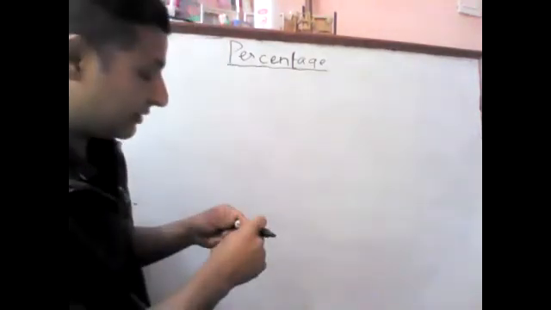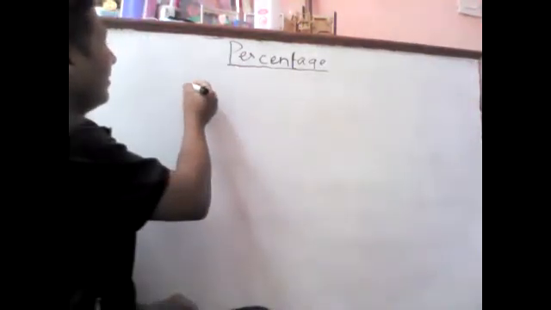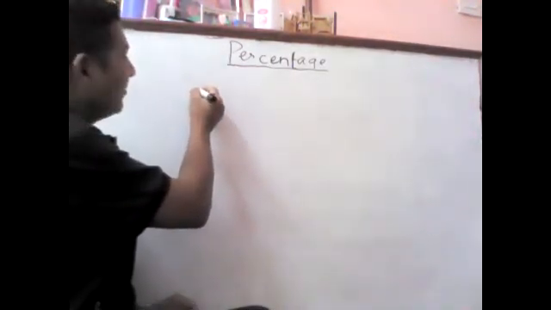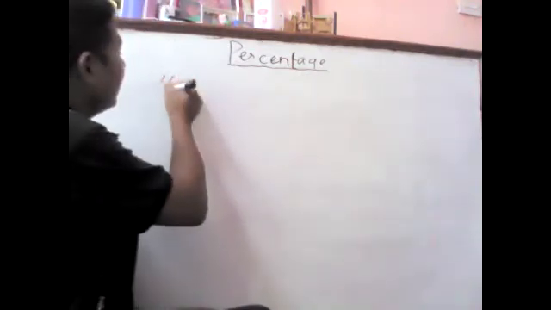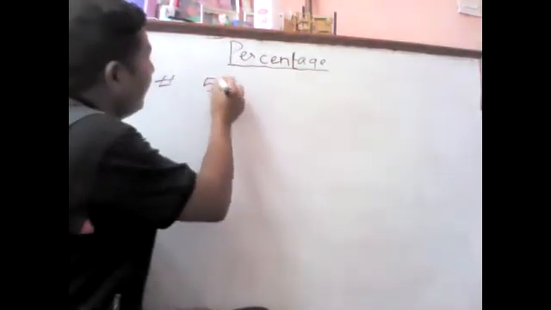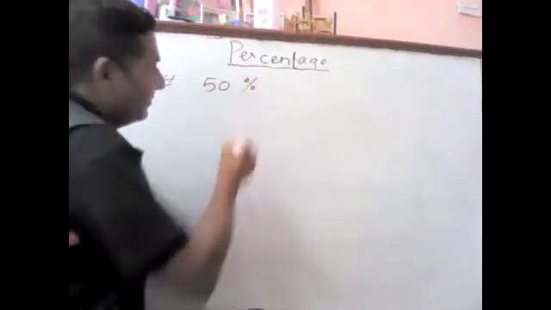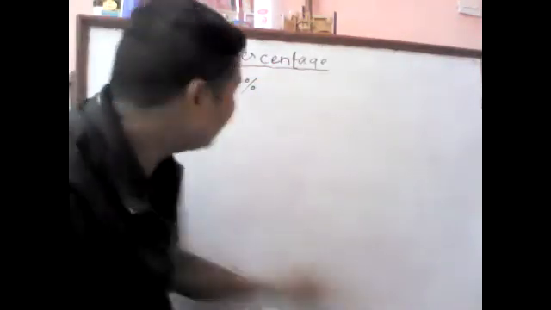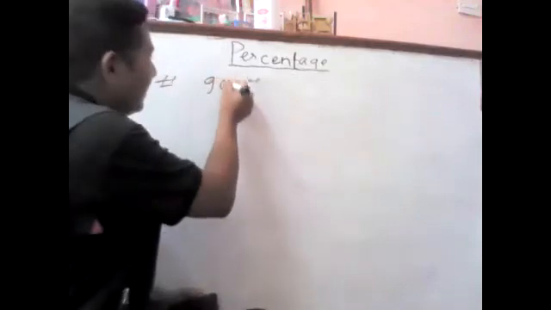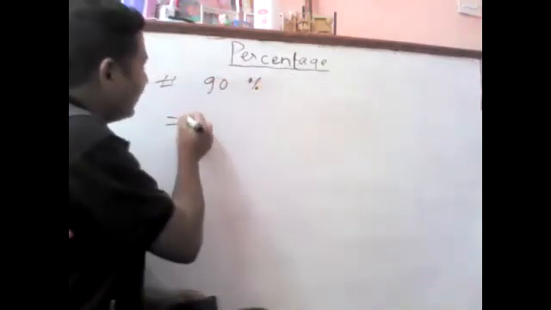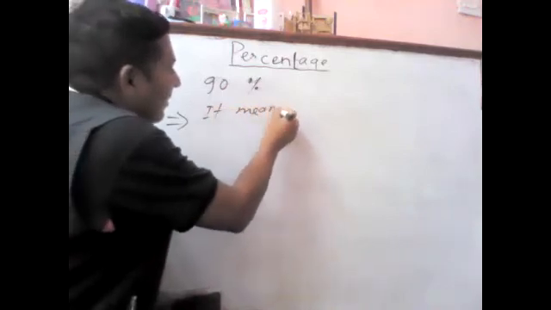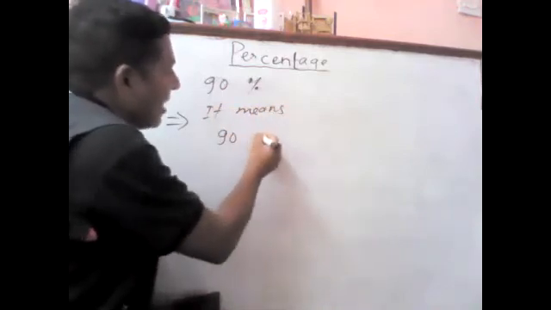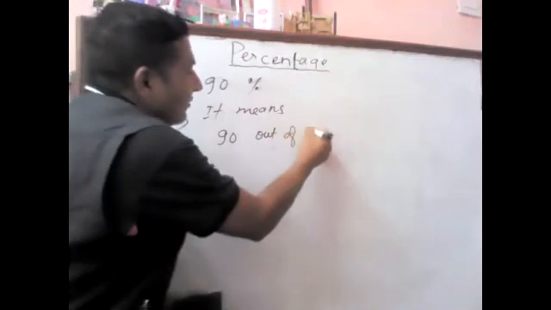Percentage, as we already discussed, is always taken out of 100. So if we have got 50 percentage, or maybe 90 percentage, we can say it is 90 out of 100.